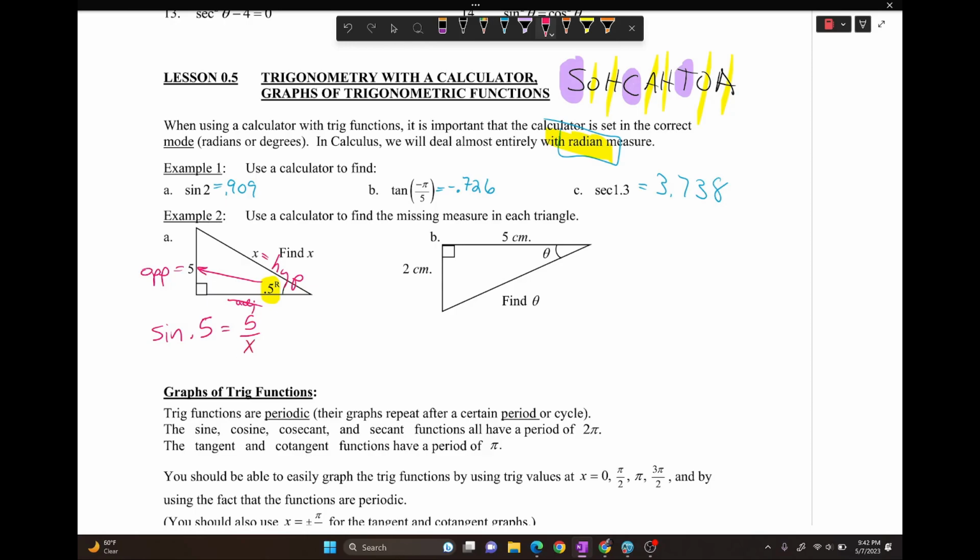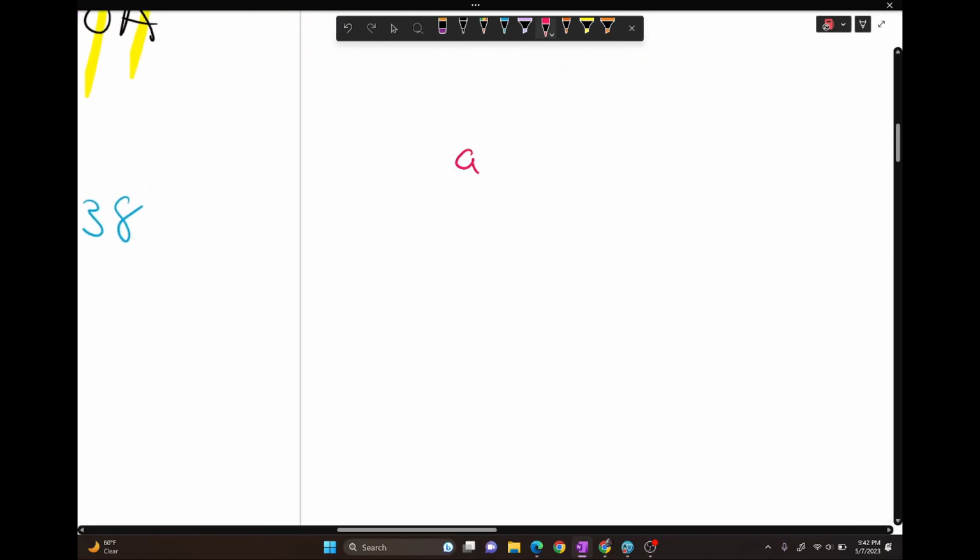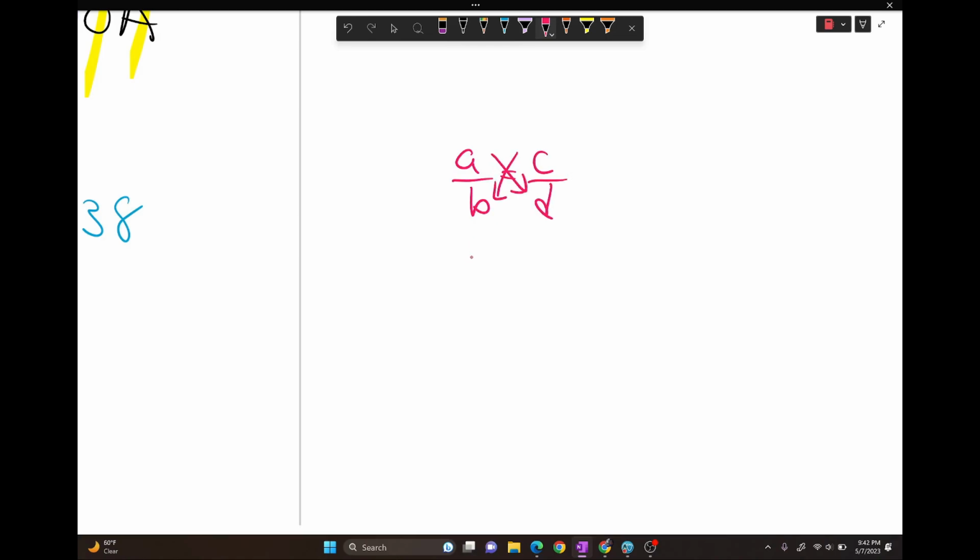Now, just a word about cross multiplying. You have A over B equals C over D. And when you cross multiply, you get A times D equals B times C. Cool. What if I wanted to solve for D specifically?